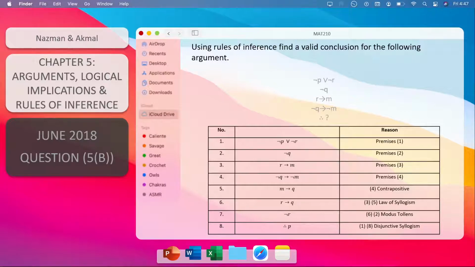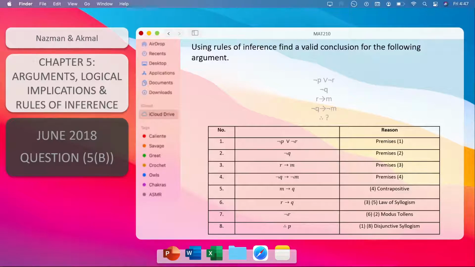For number 5, M conditional to Q. How we got this argument: we use the contrapositive for argument number 4. For number 6, how we got R conditional Q, we use the law of syllogism for argument 3 and argument 5.